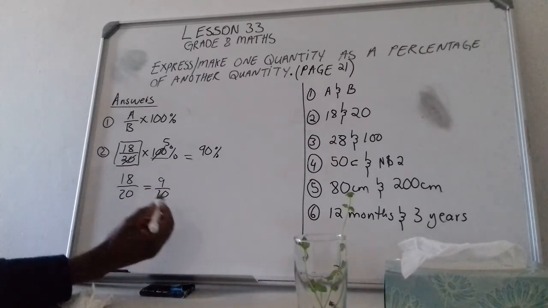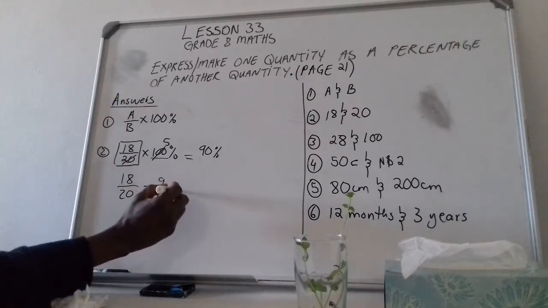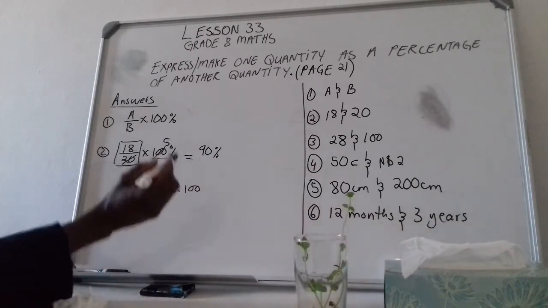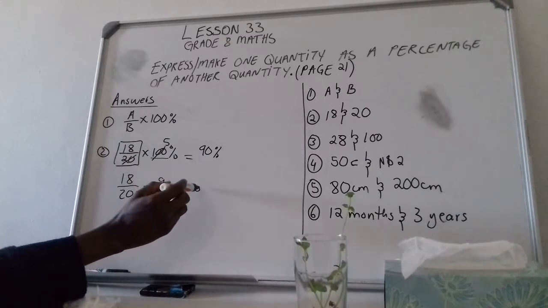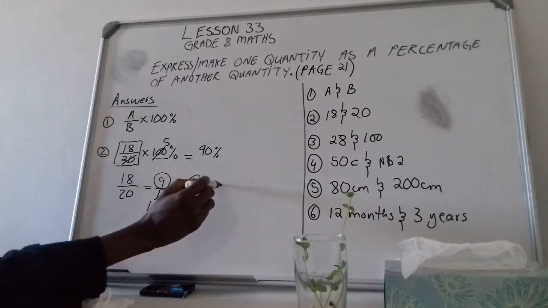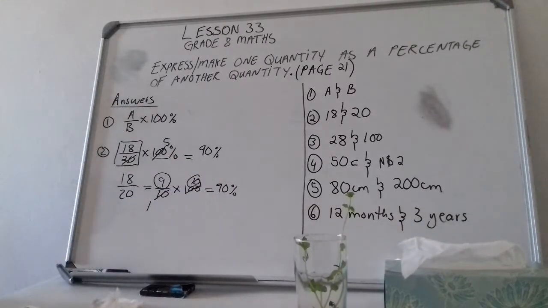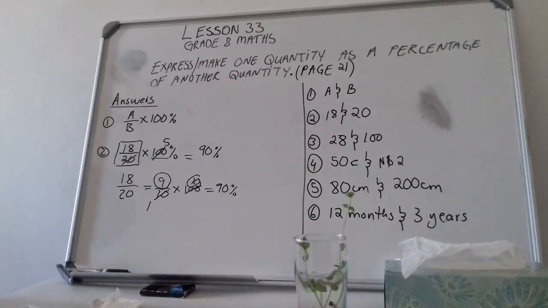Now there's no other number that can go into 9 and 10 apart from 1, of course, and now we can multiply that by 100. 10 goes into 10 once, and 10 goes into 100 10 times. So if you multiply 9 by 10, again you get 90%. In the test or in the exam, if you are asked to express one number as a percentage of another number, make sure that your answer has a unit, which is percent.